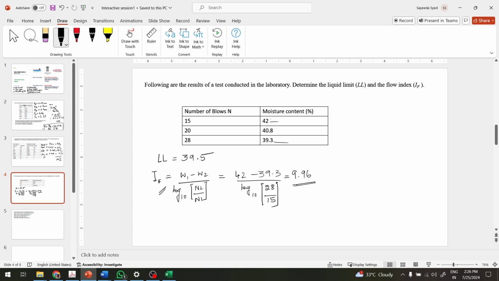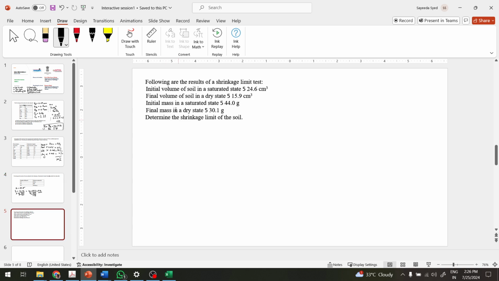Okay, so now let us move on to the next question. Following are the results of a shrinkage limit test. This is the initial volume of soil.